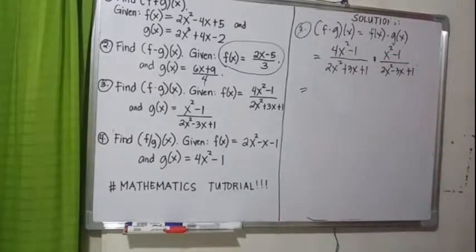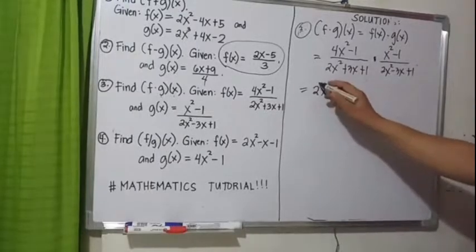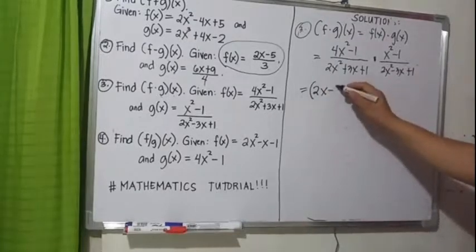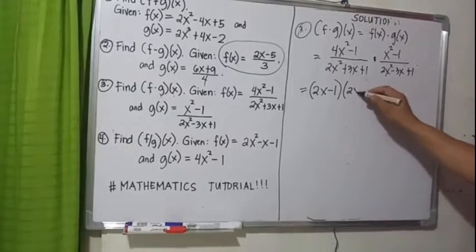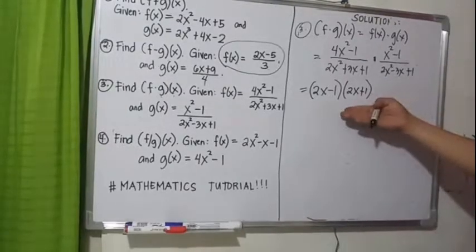Okay, so dapat alam nyo on how to factor the given. So ang factor nyan is 2x minus 1 times 2x plus 1.